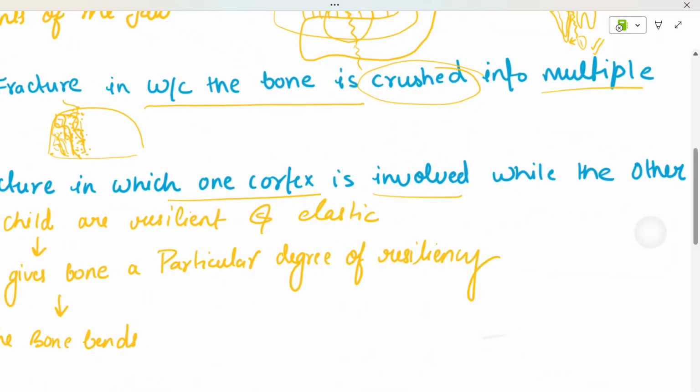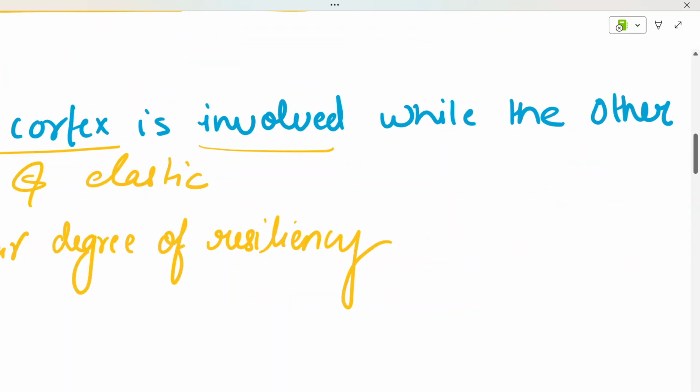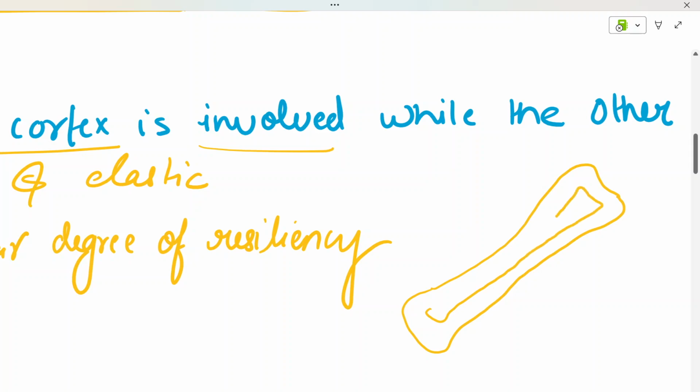So if I draw a picture of a bone here, somewhat like this. We know that there is a bone marrow inside a bone, which is a hollow canal like this. A bone has two parts. The outer part is the outer cortex, and the inner part is your inner cortex of the bone.